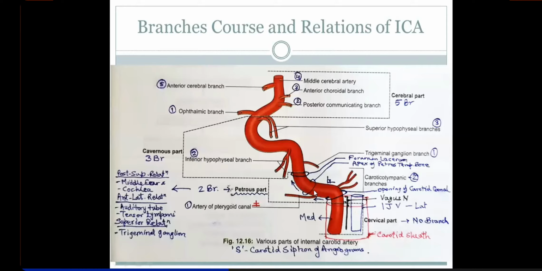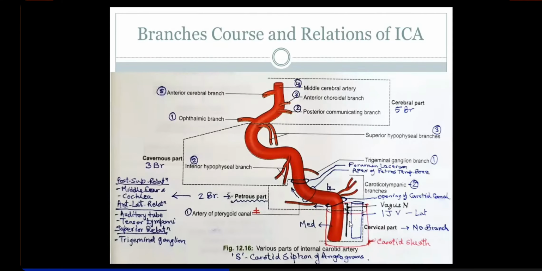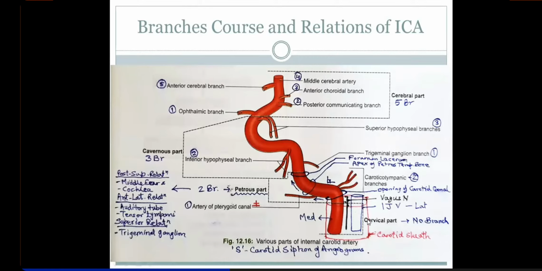I hope you understood these 1, 2, 3, and 4 portions of the internal carotid artery. Now look here. This portion, the cervical portion, as I mentioned, the artery is medial. Remember this: the artery being a vital structure is more important.